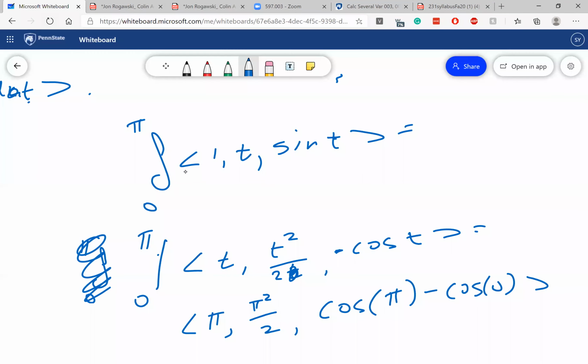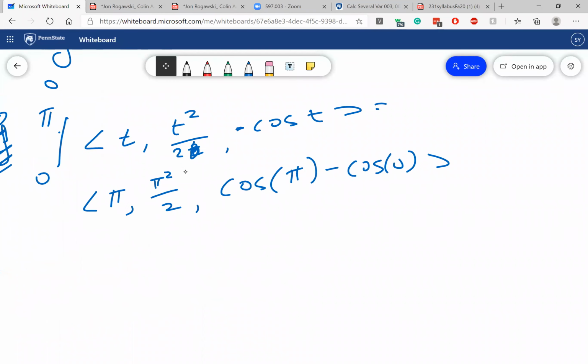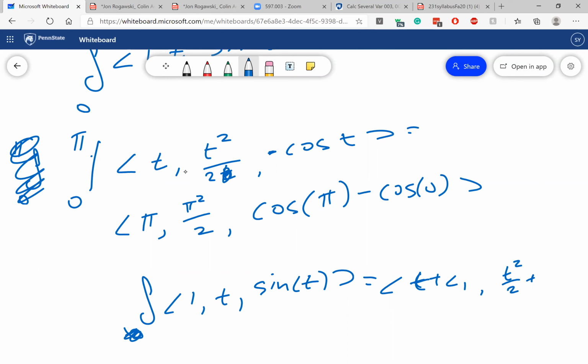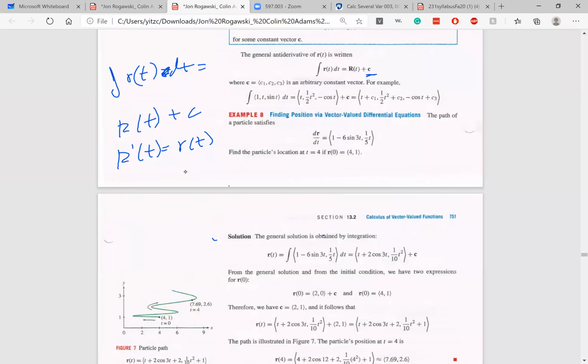Going back to the previous integration, if we did not have bounds and were just integrating 1, t, and sine of t, then we would get t plus c1, t squared over 2 plus c2, and negative cosine of t plus c3. So you would get constants.